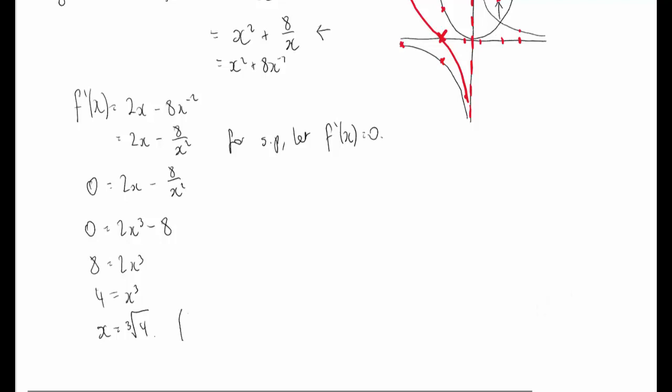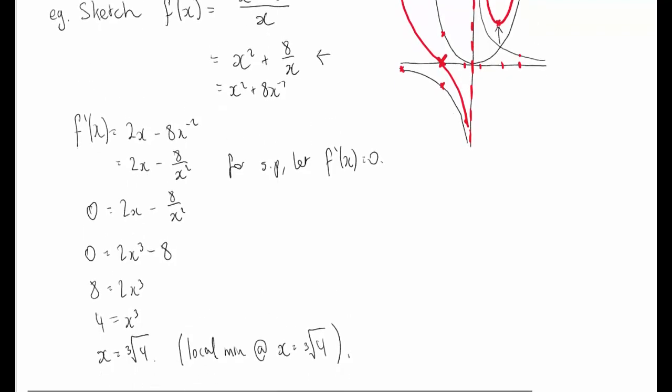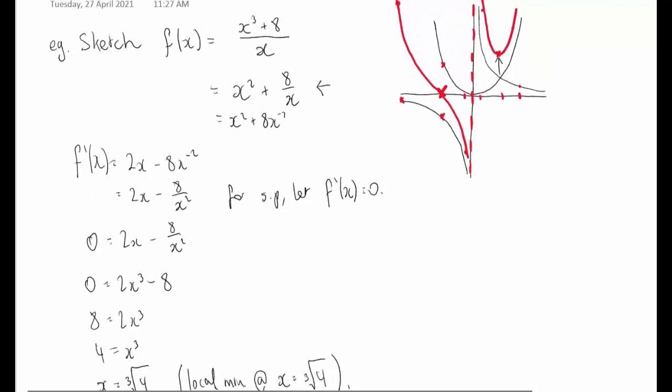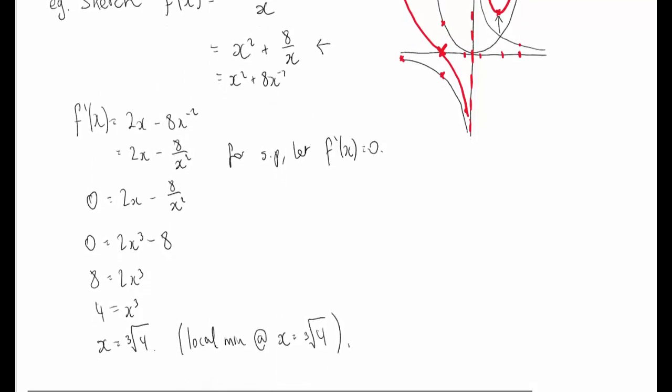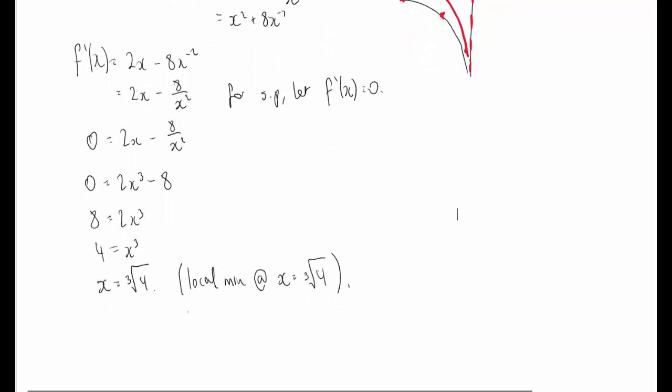I will say that's a local min at x equals the cube root of 4. We could get the y coordinate for that as well. However, it's certainly not going to be anything nice. So let's just see how we go. That gives us x coordinate cube root of 4.